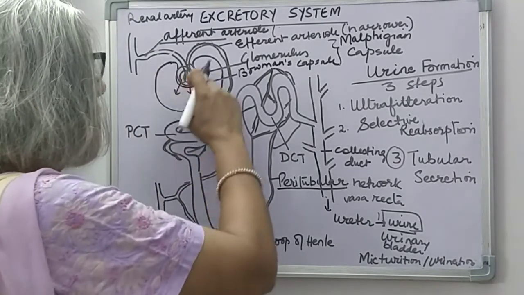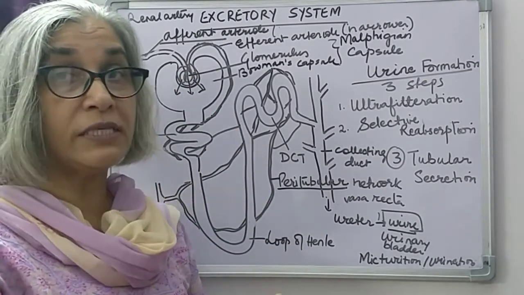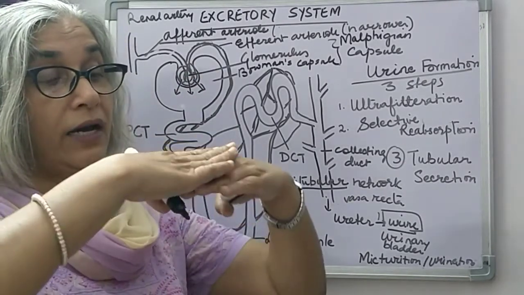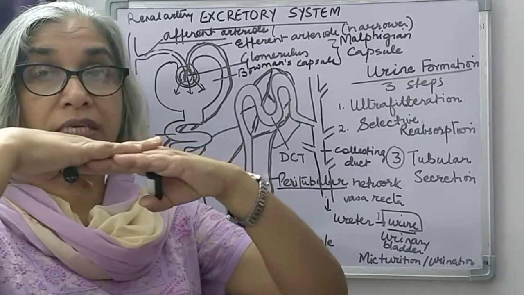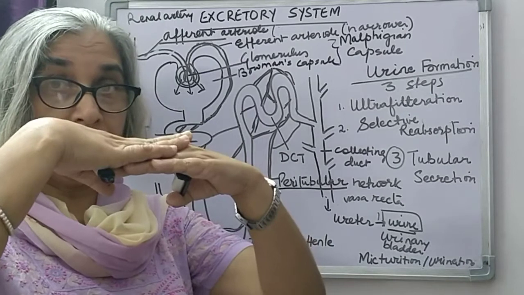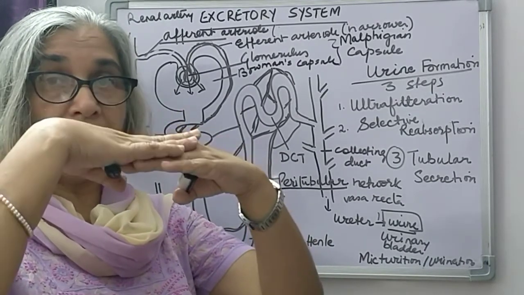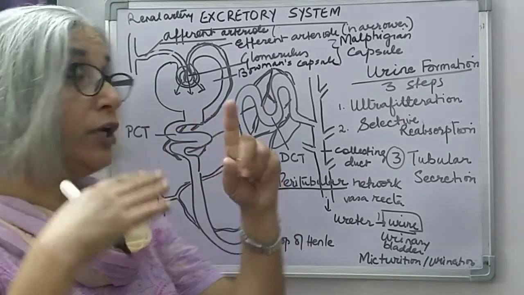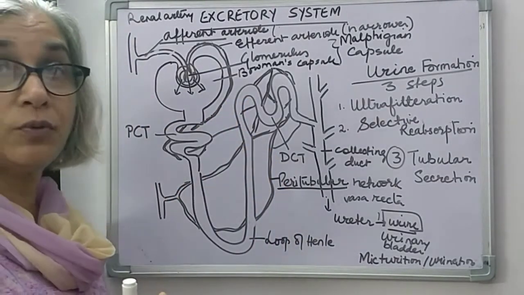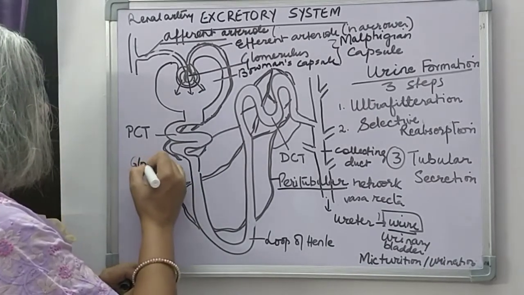In the same way, the Bowman's capsule is lined with a single layer of squamous epithelium, and these are in close contact with each other. So filtration of blood takes place from the capillary, through the epithelium lining the capillary, through the epithelium lining the Bowman's capsule, into the lumen of the Bowman's capsule. This is now called glomerular filtrate.